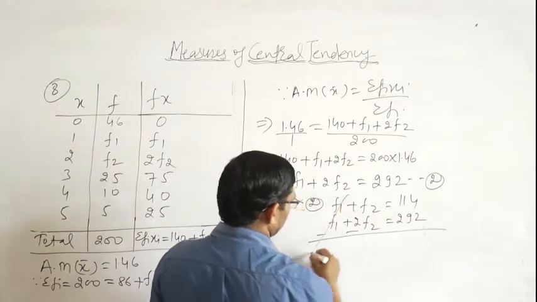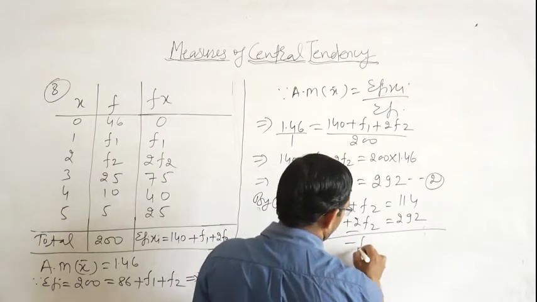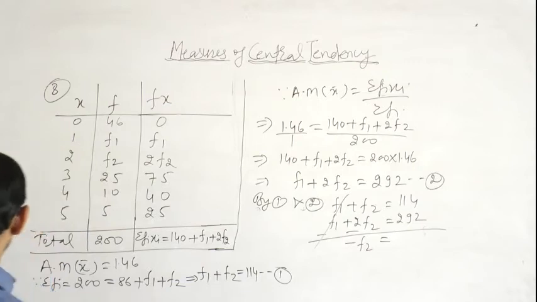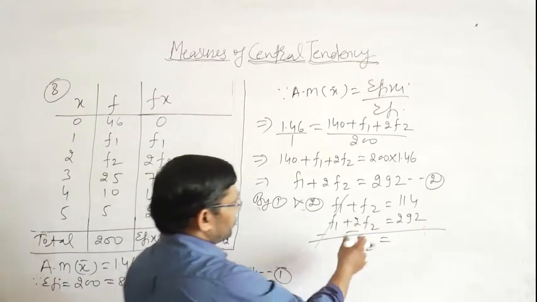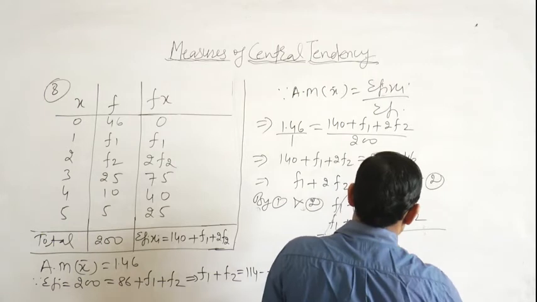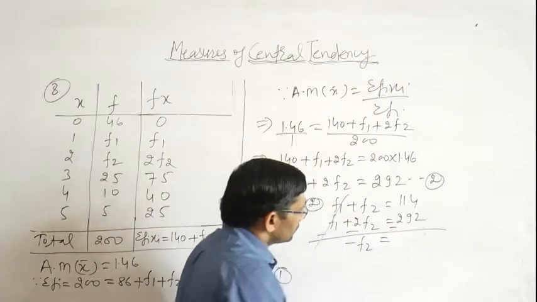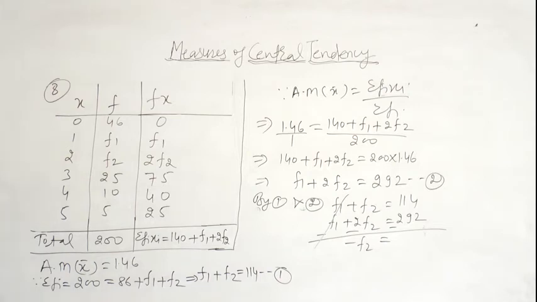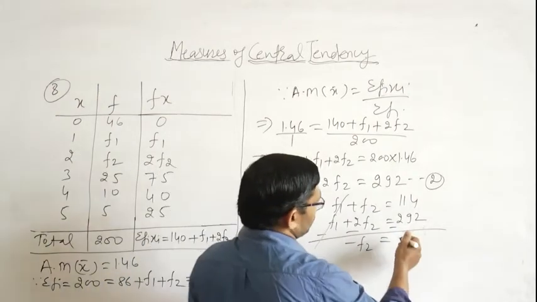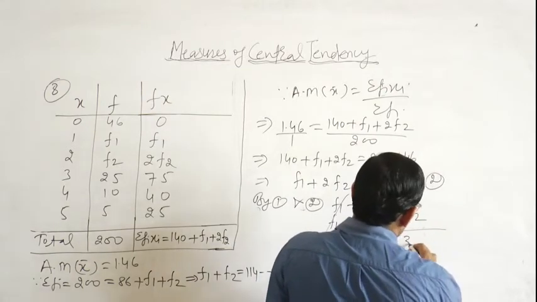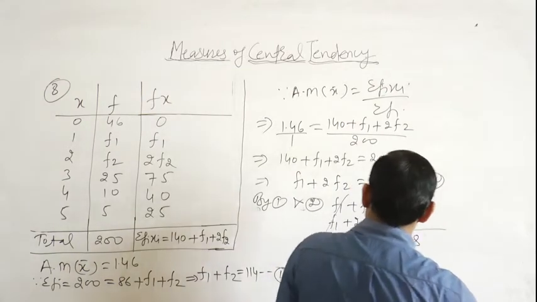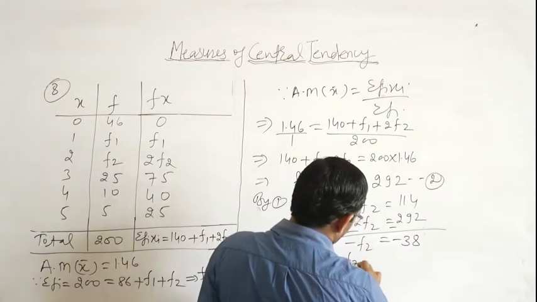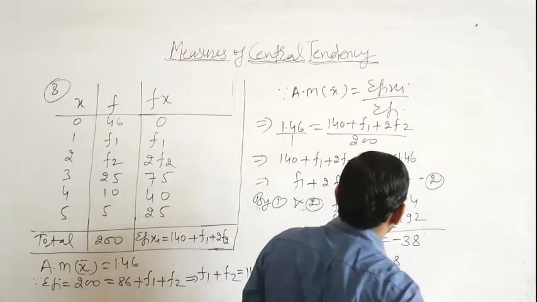By subtracting, f1 is cancelled, and 2f2 minus f2 gives f2. So f2 is equal to 292 minus 114, we get 38. Then f2 is equal to 38.